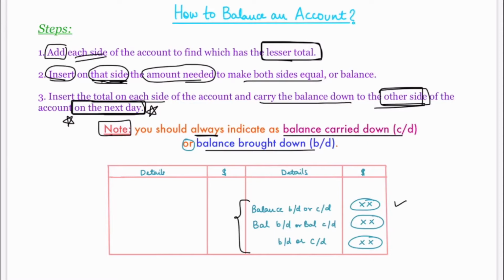This is also acceptable, but the first one is preferred. Third, just writing brought down or carried down in short. This is not at all acceptable. So make sure that even if you are in a hurry, you at least go for the second presentation. And the first one is the best.